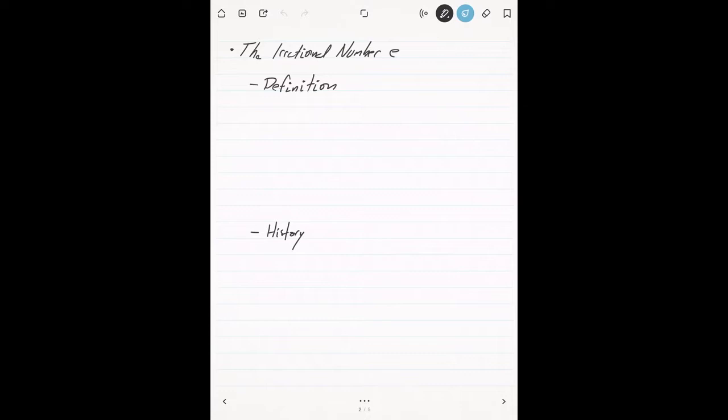E is defined a couple different ways. There are multiple ways to go about thinking about e or how to approximate it.